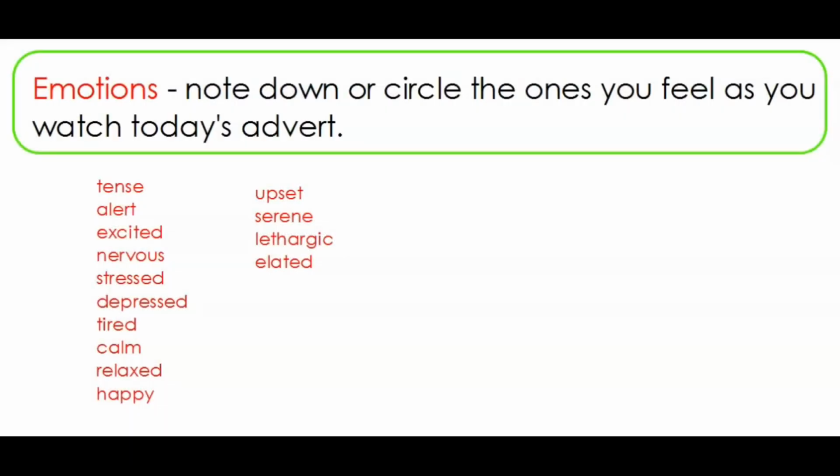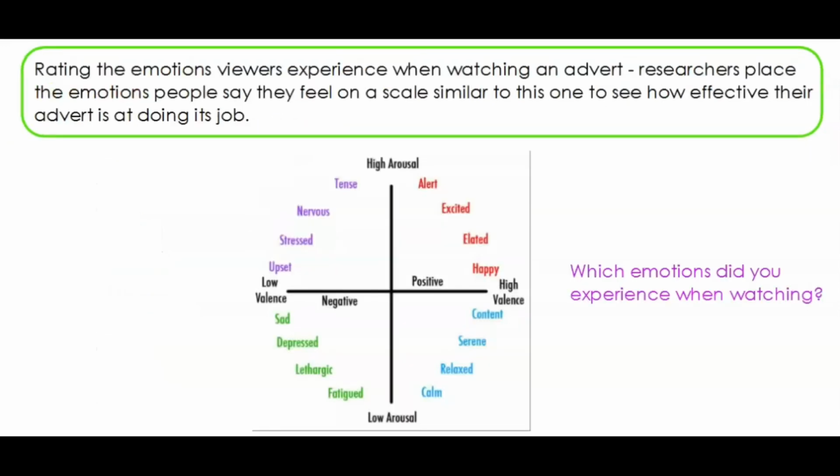Now, hopefully, you've got your couple of key emotions noted down already from watching the adverts so that we can continue to analyse the pathos that's created by this particular advertising campaign. It's interesting to see that when advertisers are researching the effectiveness of their campaigns, they rate the emotions people say they experience when watching the advert on a scale similar to this one.